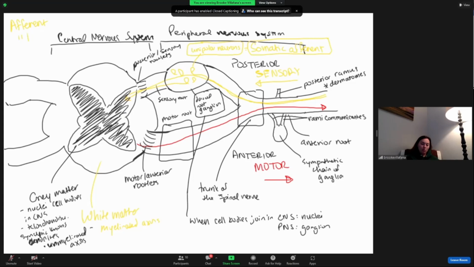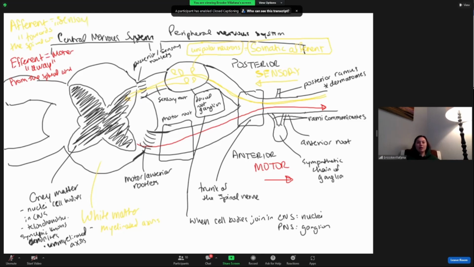Efferent goes away from the spinal cord. So the efferent system is the motor system. The afferent system is the sensory system.